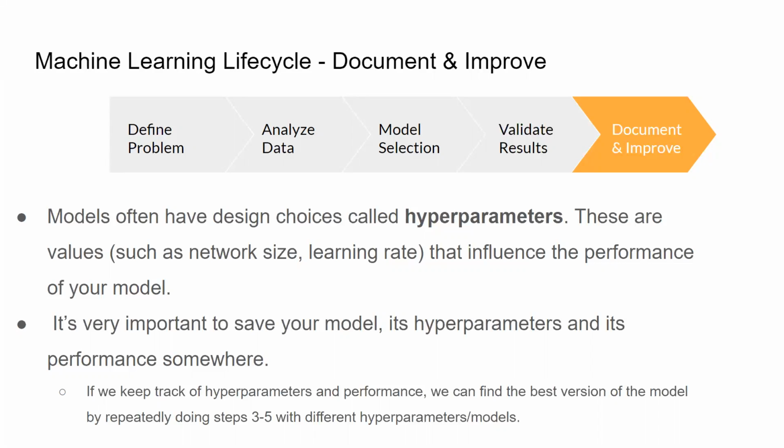So I'm going to see if I can increase my batch size, or try a different algorithm, or perhaps tune a portion of the model. Saving all of this information and training and documenting will allow you to improve your model over time. So these are the 5 steps of the machine learning life cycle.